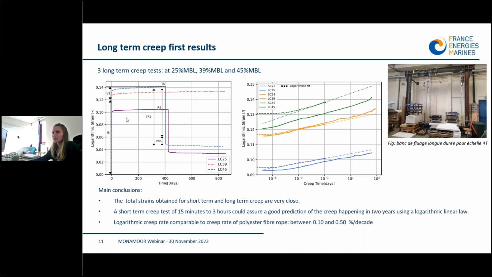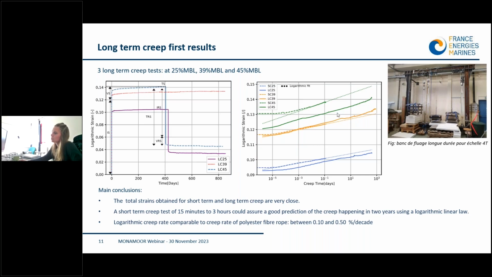If we focus on this creep part, here you have plotted the logarithmic strain versus creep time in log scale. The solid lines are the results of those long-term creep tests, and the dashed lines are the same as our other creep tests, but short-term creep lasting only 3 hours.